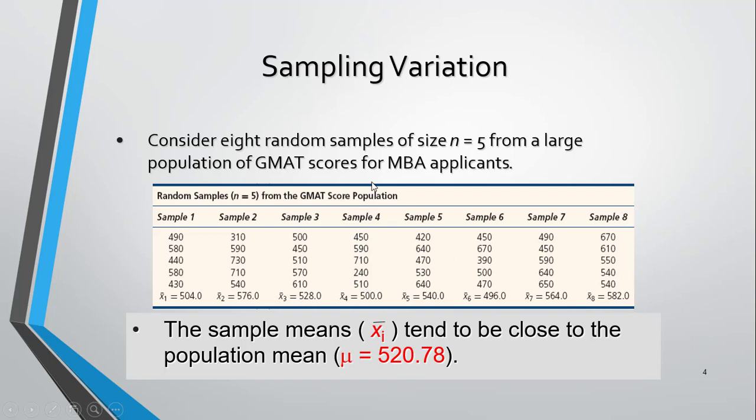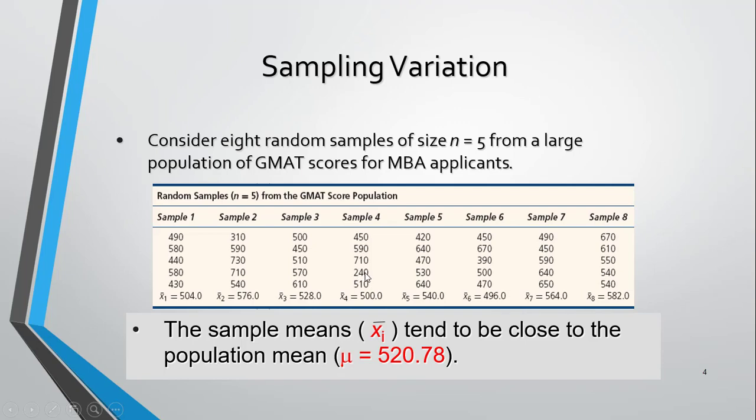If you look at all 8 samples, each having 5 scores, you can see what the highest score is. I think 730 is the highest among all 40 people here, from the 8 samples. 310, I believe, is the lowest. No, I'm sorry, there's another one. There's a 240.